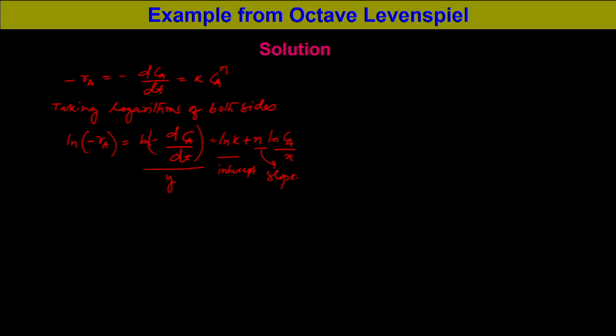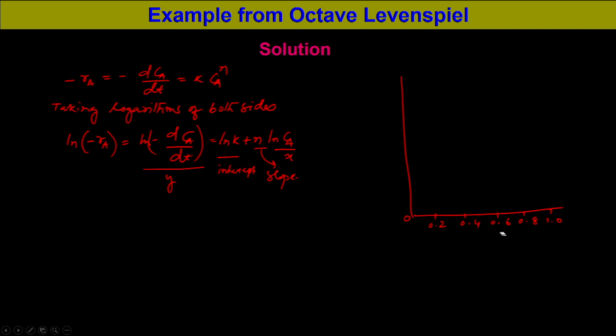So, now if we plot the data, so this is 0 and concentration is say 0.2, say 0.4, 0.6, 0.8, say 1.0.